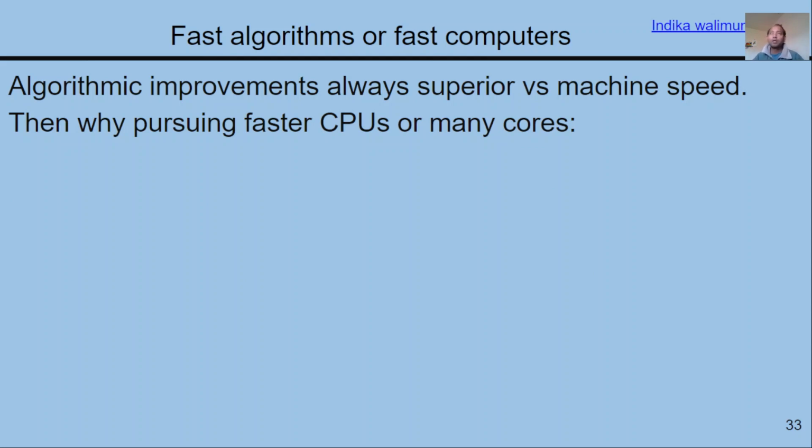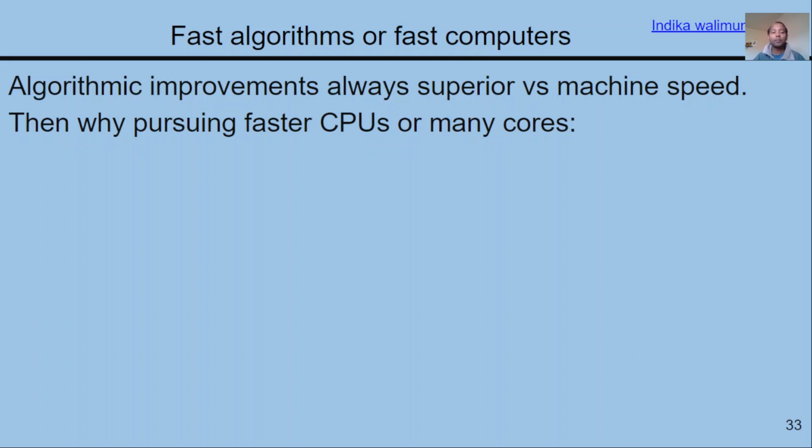In the previous lesson you saw why we need algorithms, and I worked on an example as well. Having faster CPUs doesn't necessarily mean improving speed a whole lot.